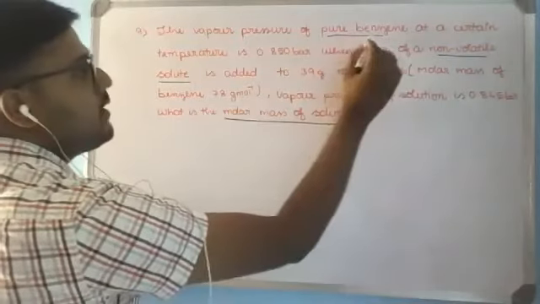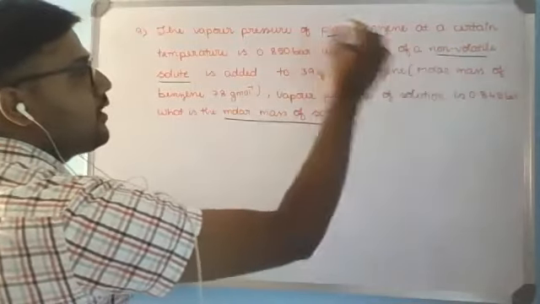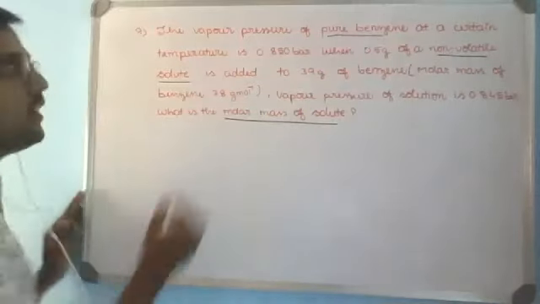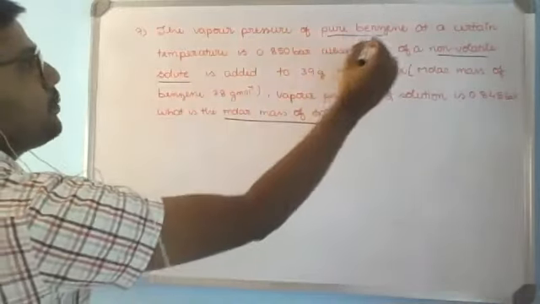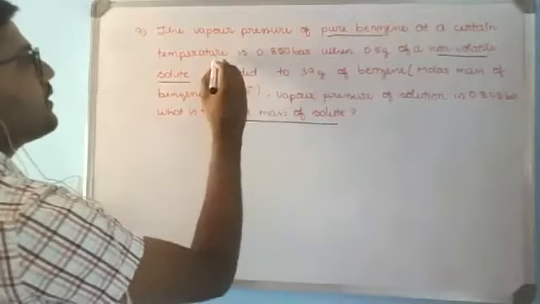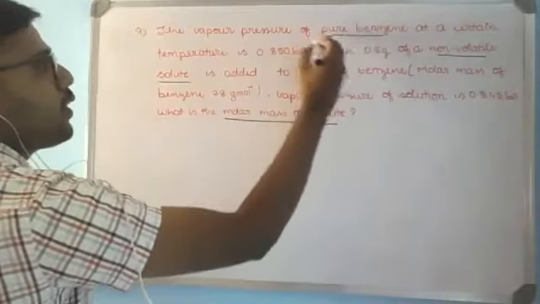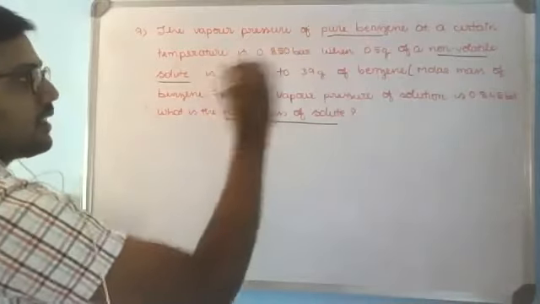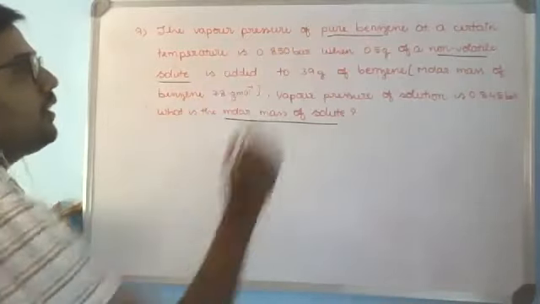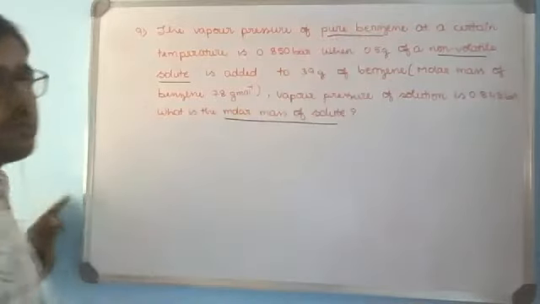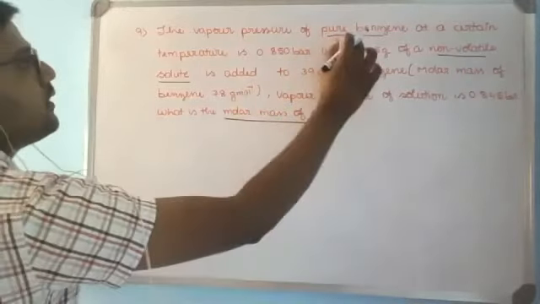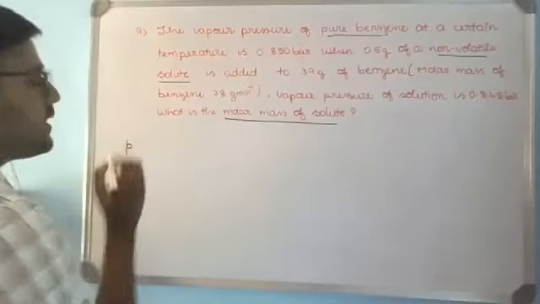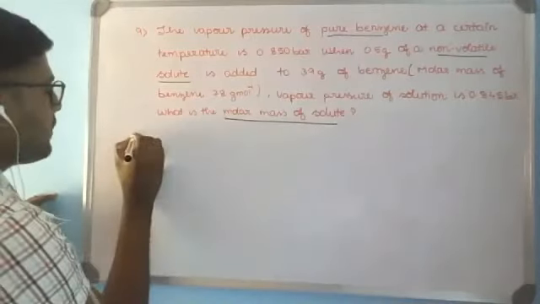Now, about benzene and the solute, what are all the data they have given in the question? We'll write it first. The vapor pressure of pure benzene at a certain temperature, whether they have given the word pure or not, at a given temperature, if you consider any particular component, it will be its vapor pressure in the pure form. Hence it is pure benzene's vapor pressure. We'll consider it as P naught.